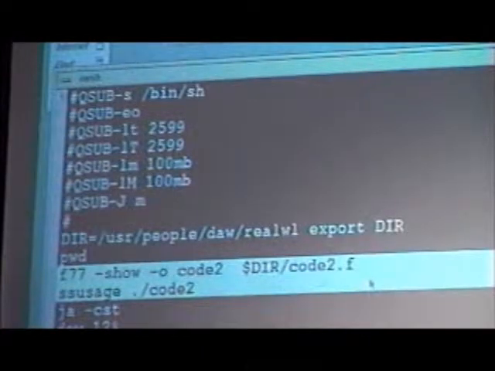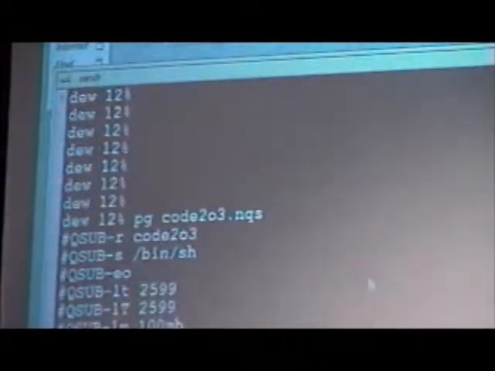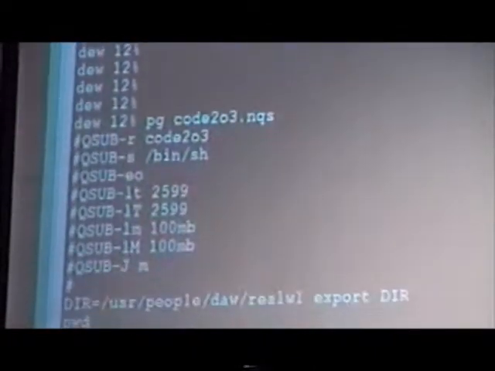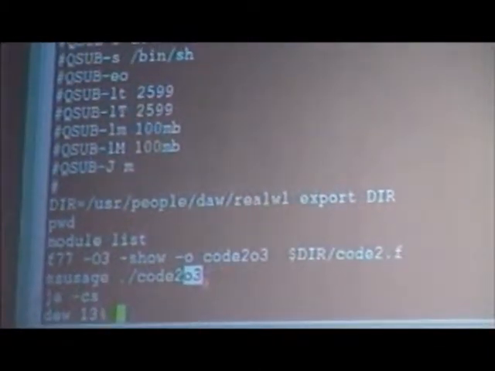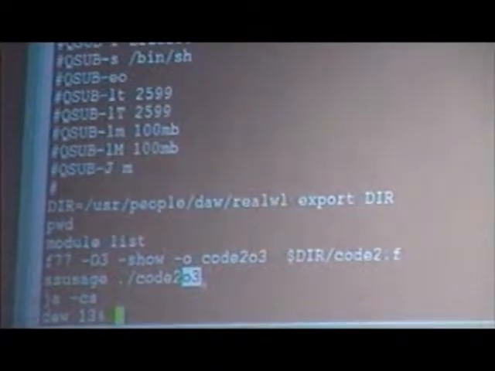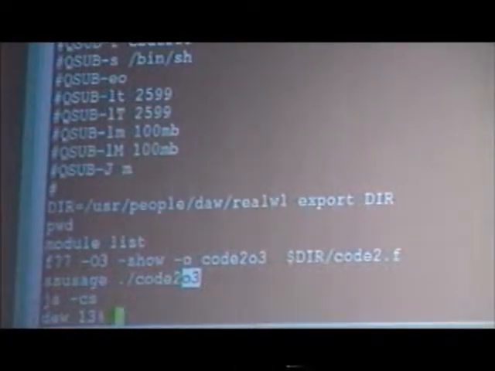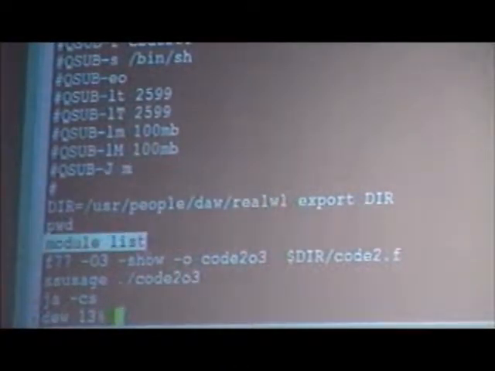And then code 203.nqs, I added a -O3 on it, and I also named the binary O3 so I could spot the difference between them. I could also go to a newer compiler, for example, with newer libraries, but I'm not going to until I start seeing a problem.